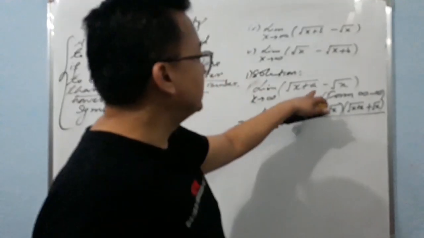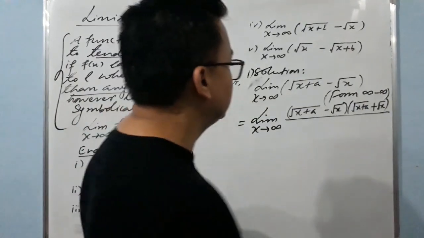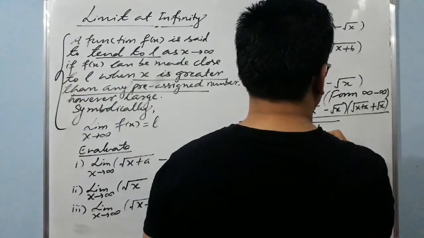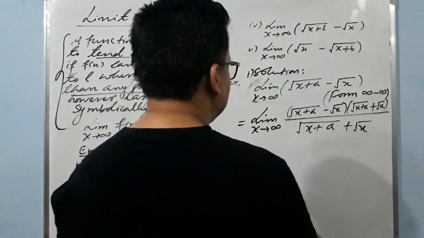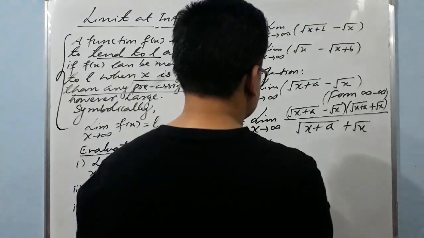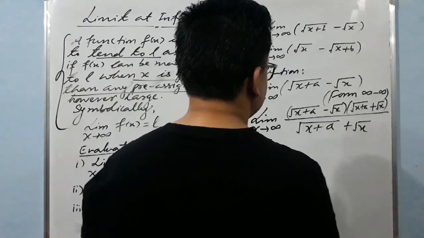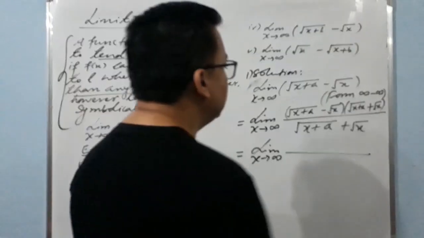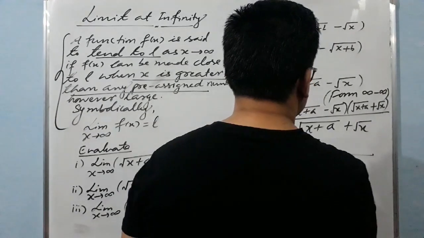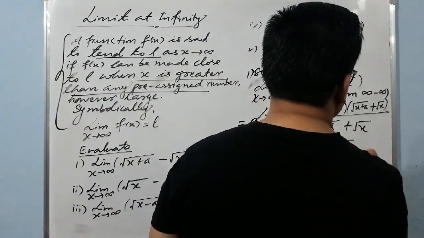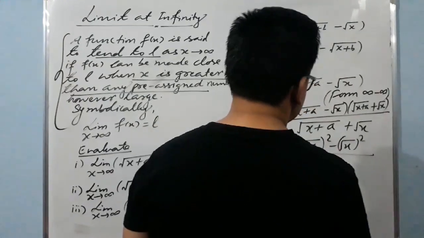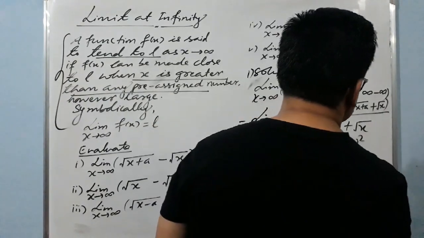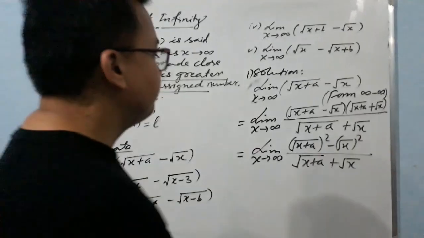Then the limit as x tends to infinity, using the formula (a minus b)(a plus b), we write root of (x plus a) whole square minus root x whole square, and the denominator stays the same, no problem.